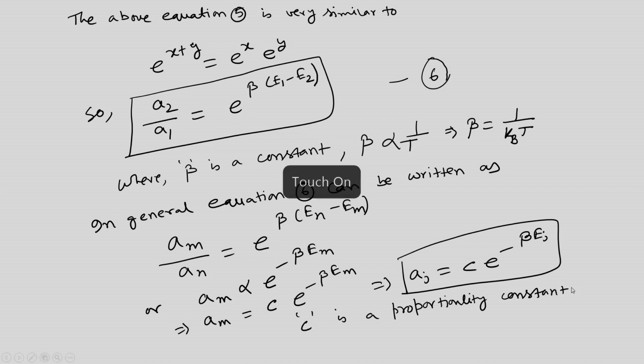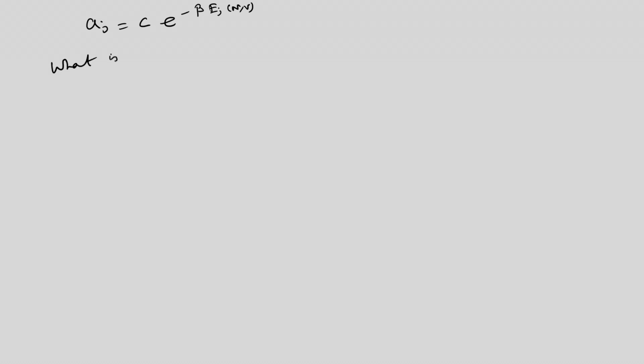So, what we get is AJ is C times e to the minus beta EJ. Now, what is the value of C, the proportionality constant?